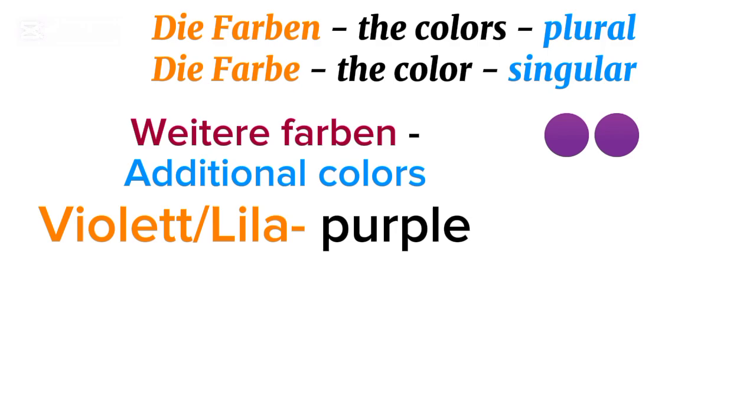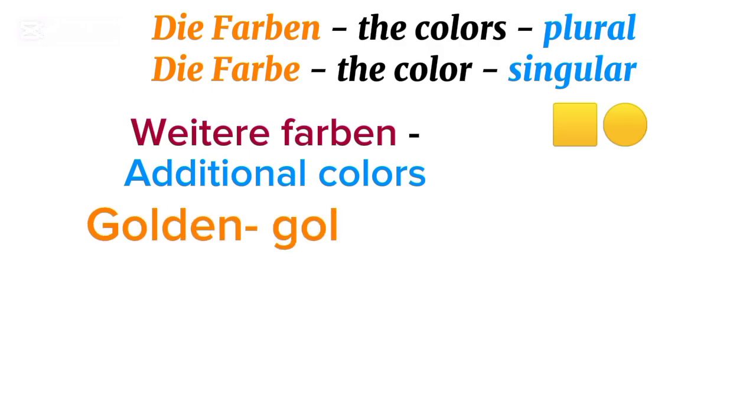It means purple, okay? Remember, in English, there is a color that is violet and there is a color that is purple. They're not the same. But here in German, violet or lila, it all means one color, which is purple. And you can see the spelling of violet, okay? Then we have golden, just like in English. We also have silber.